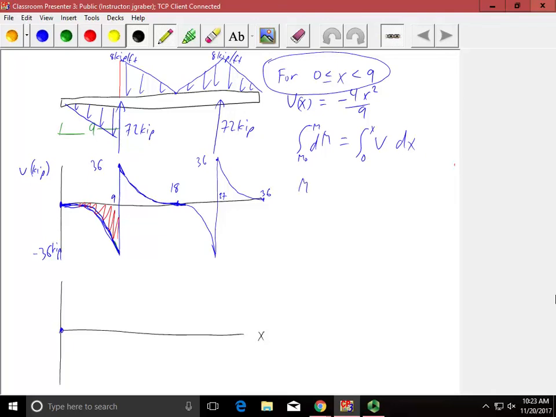So that's going to be M minus 0, because M starts at 0. There's no couple moment at x equals 0. It is going to be equal to the integral of shear, which is -4x squared over 9 dx from 0 to x. So we get -4x cubed over 27.